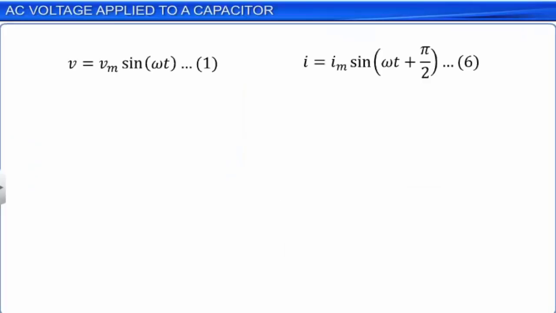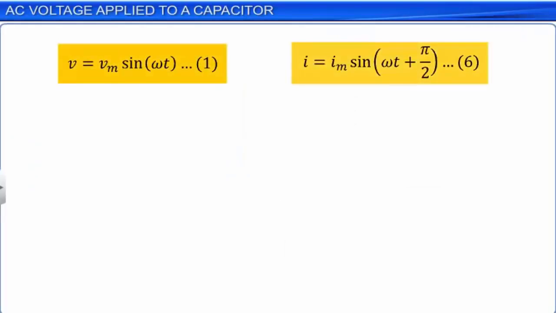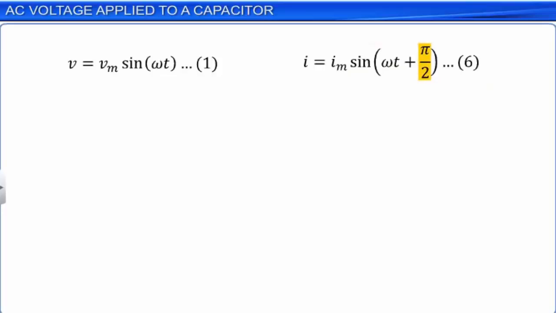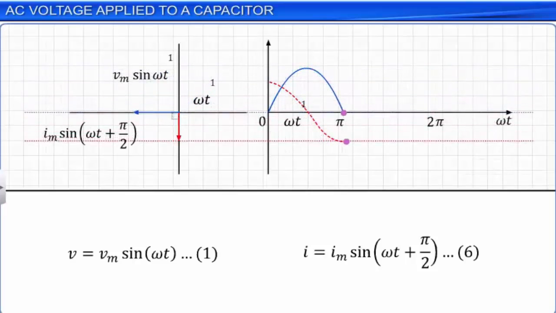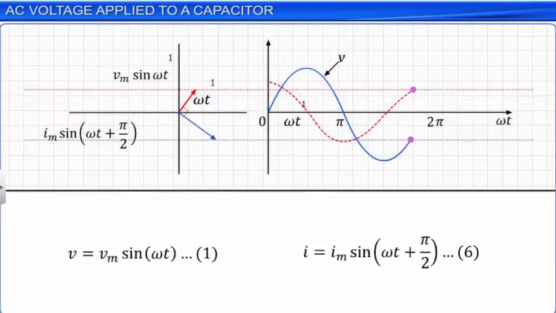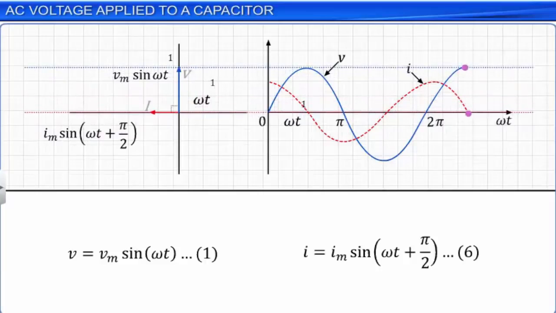On close inspection of equations 1 and 6, which are derived for the value of current in the circuit, we can see that the current leads voltage in phase by π/2. The phasor diagrams for analyzing the relationship of lead or lag between current and voltage are as shown.